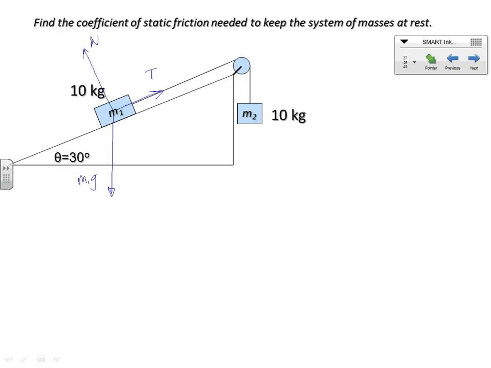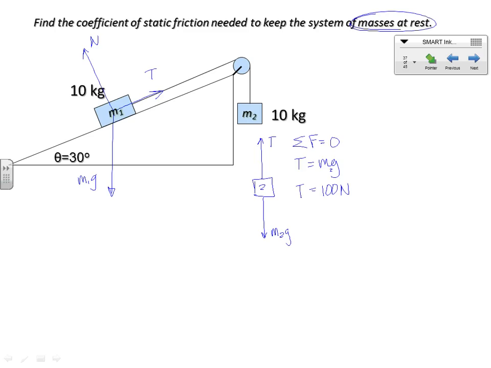All right. But what we can tell is if this system is at rest, if we look at M2, we have M2G and tension. Well, this says, again, if it's at rest, net force is 0, T equals M2G. Straightforward. Let's just say G is 10. T is 100 newtons.